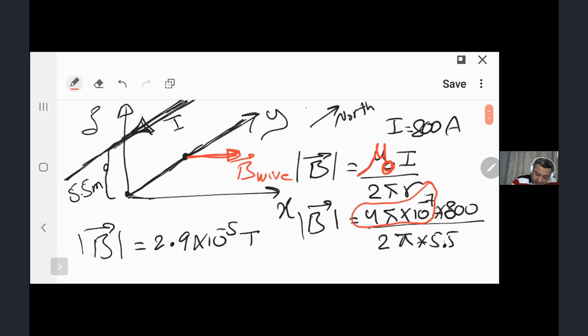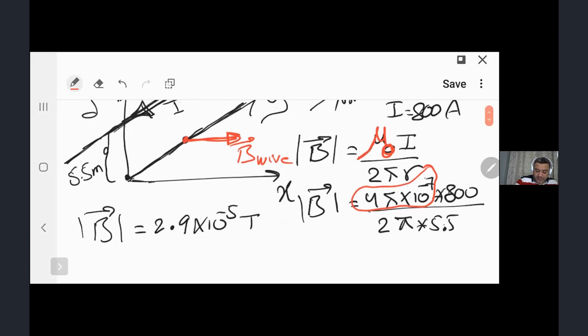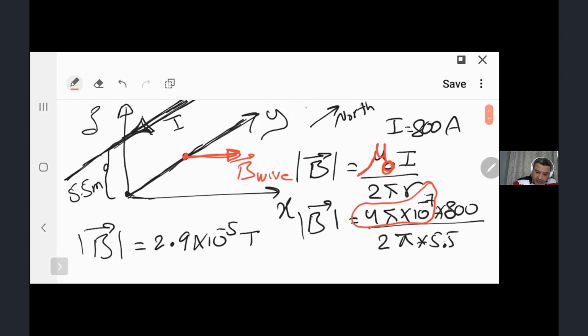If you curl your fingers, you will see that right at this point the magnetic field is pointing in the positive x axis. You need to look at the direction of the current, curl your fingers, and look at the point of interest to find the direction of the magnetic field. It will always be perpendicular.